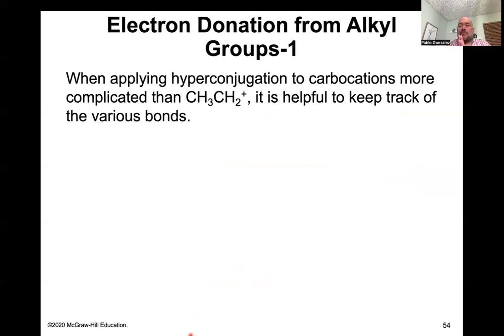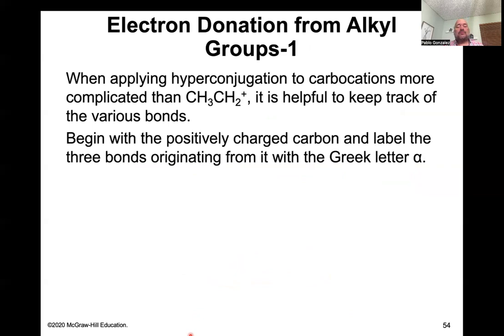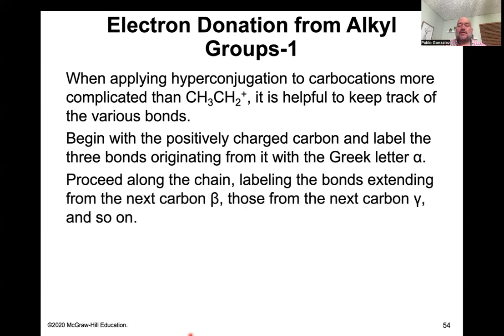When applying hyperconjugation to carbocations more complicated than the ethyl carbocation, it is helpful to keep track of various bonds. To make it simpler, we're going to use Greek letters. Beginning with the positively charged carbon, label the three bonds originating from it with the Greek letter alpha. So the carbocation and the three bonds attached to it are known as alpha.